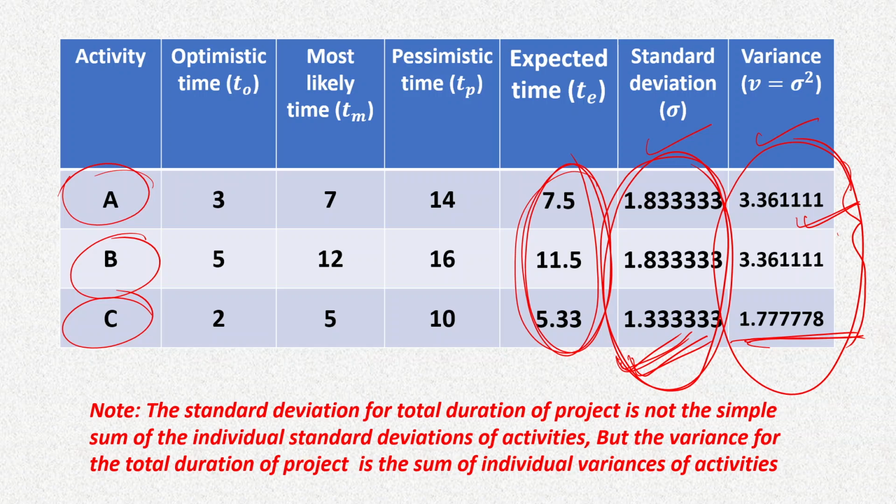That means the variance associated with the total duration will be equal to the sum of variances of the individual durations, and therefore we are calculating these variances of individual activities in a separate column, which will be useful in the next calculations.